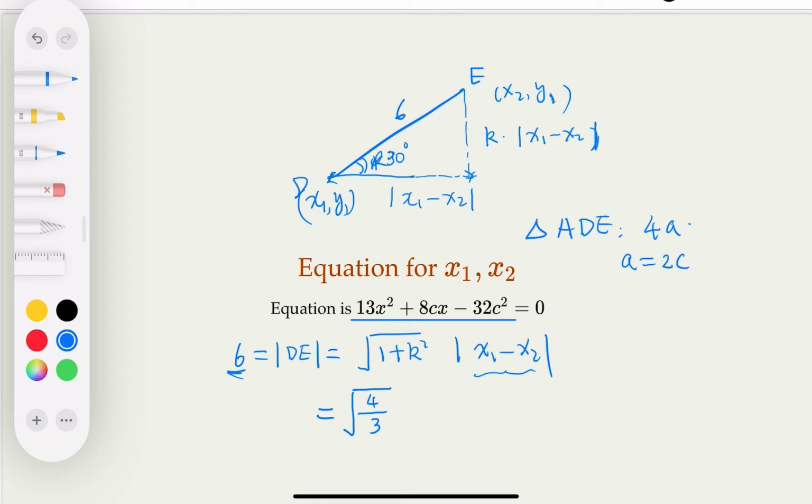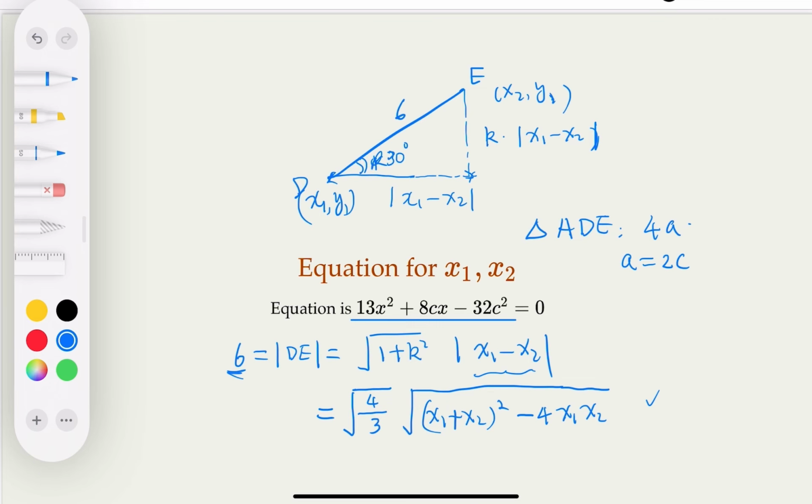And this is the square root of x1 minus x2 squared, and let's rewrite it here as x1 plus x2 squared minus 4x1x2. Okay, that's a very common trick: x1 minus x2 squared is equal to x1 plus x2 squared minus this.